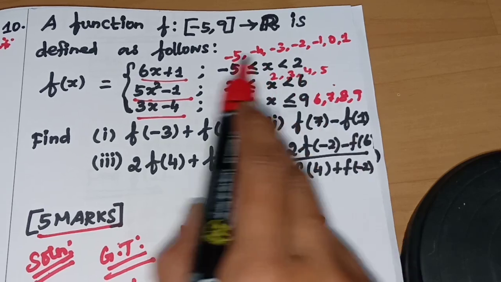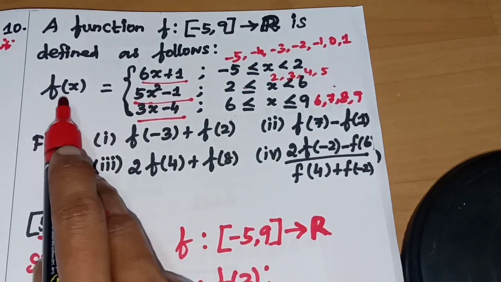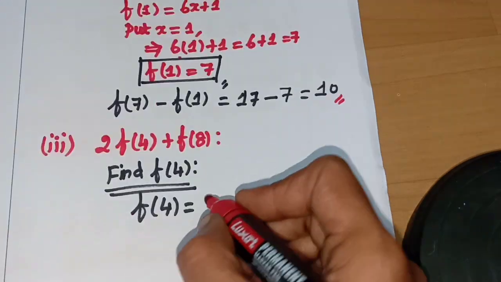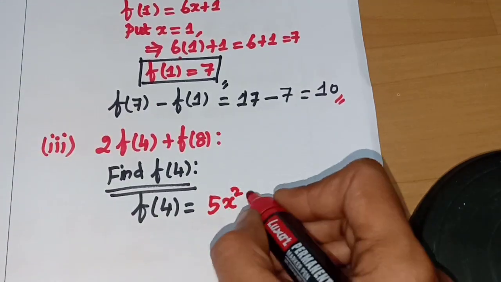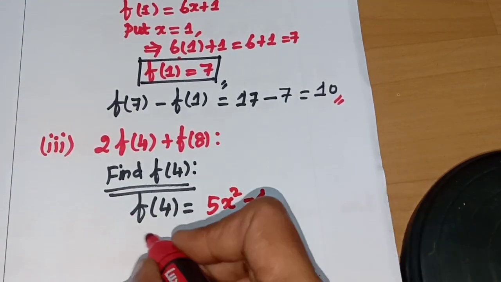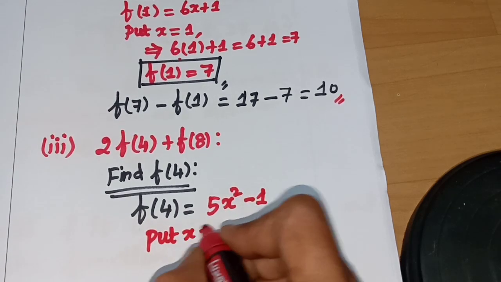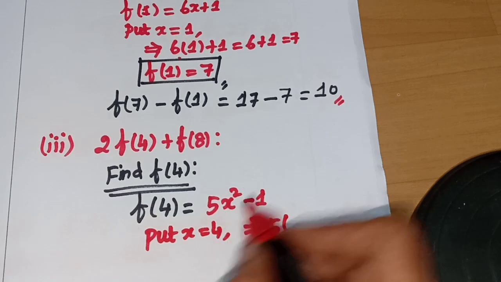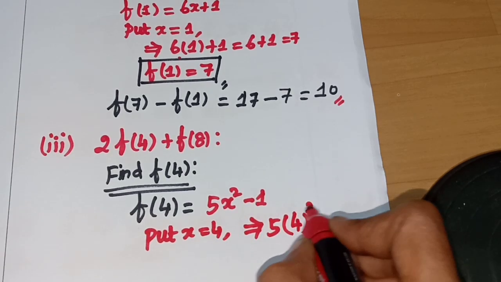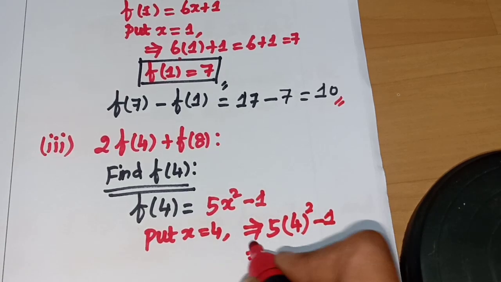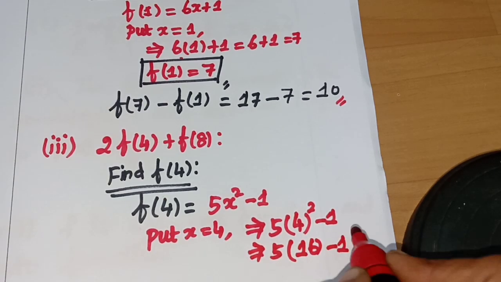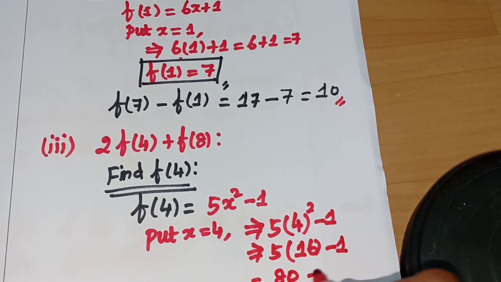So f of 4 equal to, function f of x equal to 5x square minus 1. Put x equal to 4 implies 5 into 4 square minus 1, 5 into 16 minus 1, 5 into 16 is 80. 80 minus 1 equal to 79.